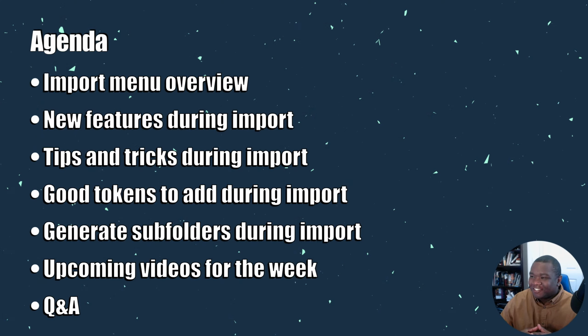Here's today's agenda. We're going to look at the import menu itself. And then we're also going to look at the new features that ON1 added to Photo Raw 2022.